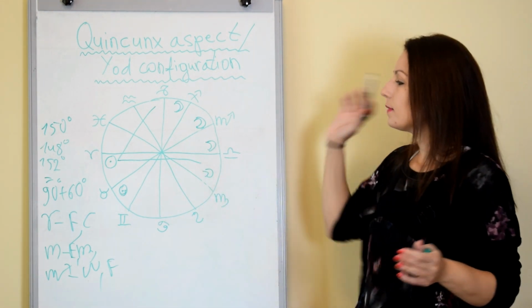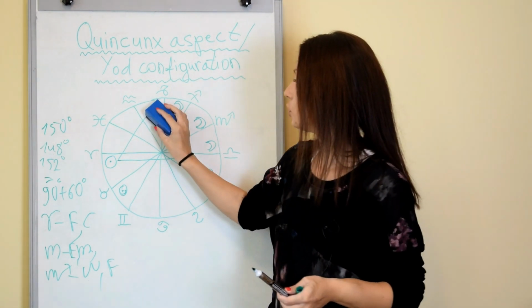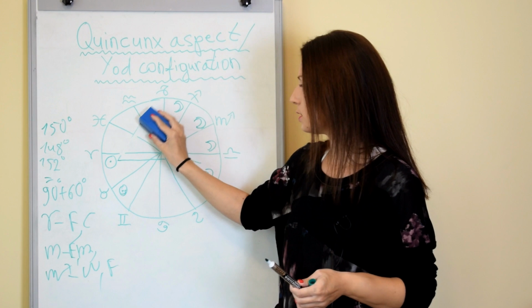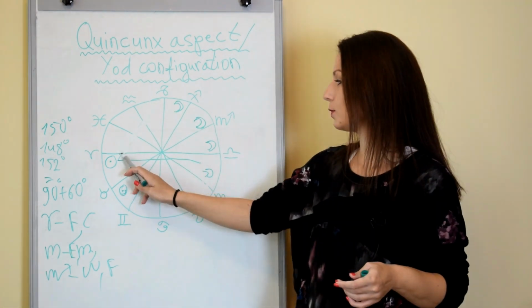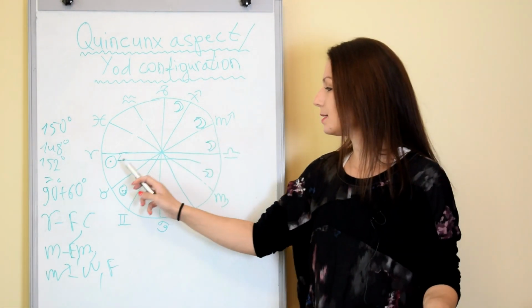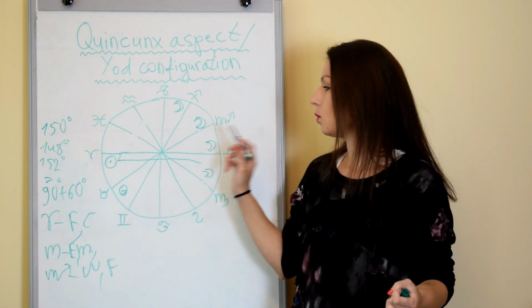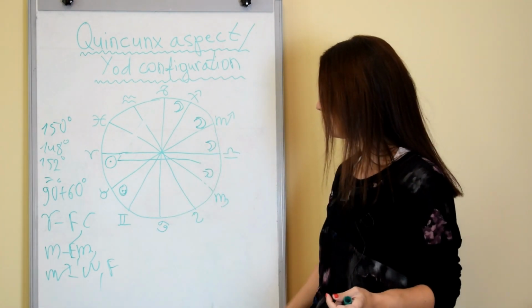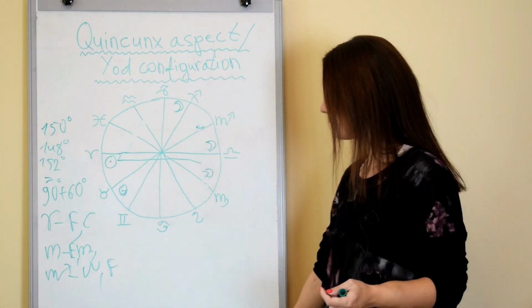Okay, and now let's find out what the Yoke configuration actually is. Of course, these topics are related, and that's why they are included in the same video. So the Yoke configuration basically consists of 2 Quincunxes and 1 sextile. Let me choose the same example.